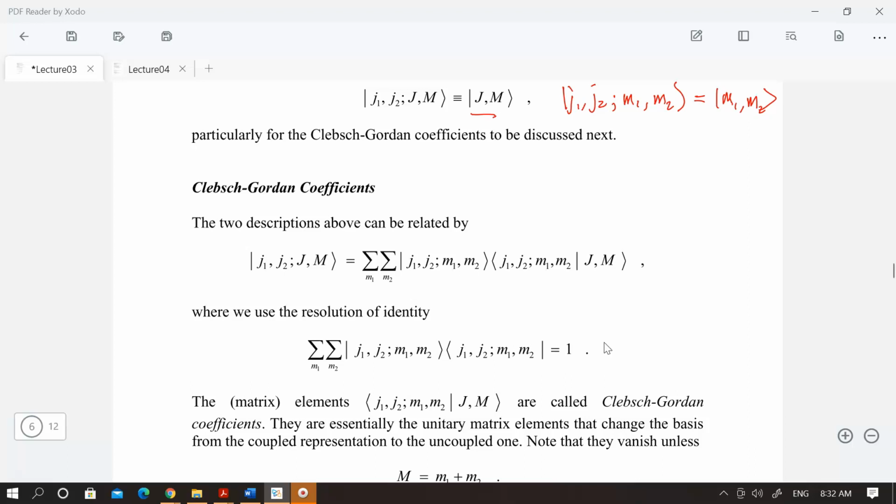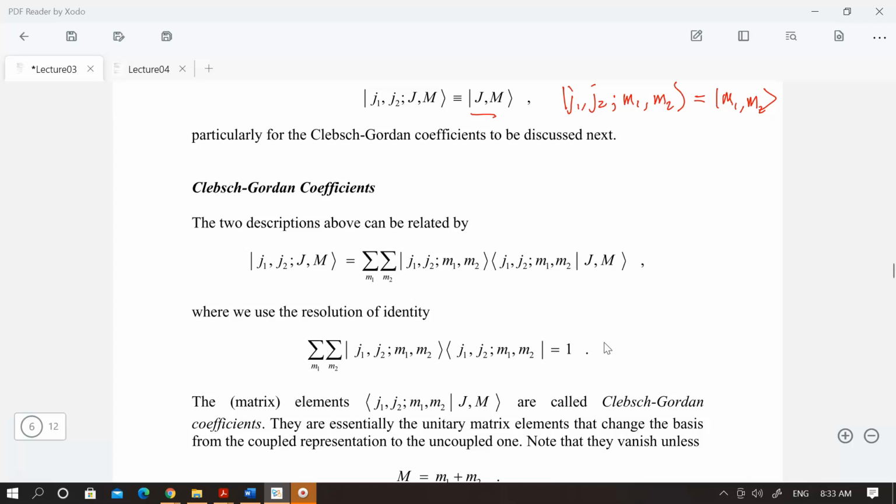Option one is using the individual angular momentum basis. The second case is using the total angular momentum basis. From the previous example about the two spins, you know that the dimensionality of these two Hilbert spaces coincide, so I can form a one-to-one correspondence between the individual elements of your Hilbert space.